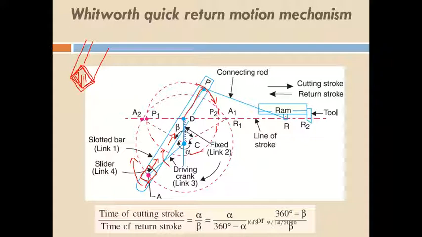This crank path is also rotating in a circular path, so they have shown that in this big circle. This P1 also rotates in a circular path, that is shown in the smaller circle.